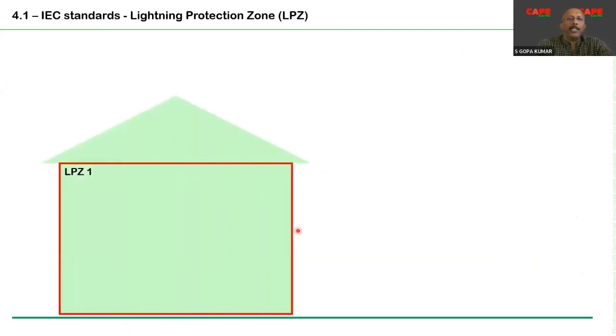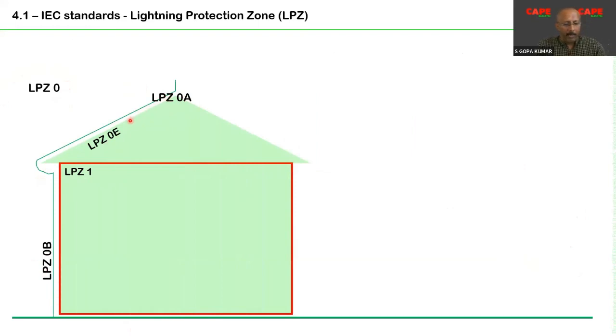The building is classified into various lightning protection zones. For example, outside the building, you have lightning protection zone 0, which is subdivided, as you can see here, into LPZ0A, 0E, 0B, like that. Depending upon the severity of the lightning current flowing through the building, the building is classified into lightning protection zones.